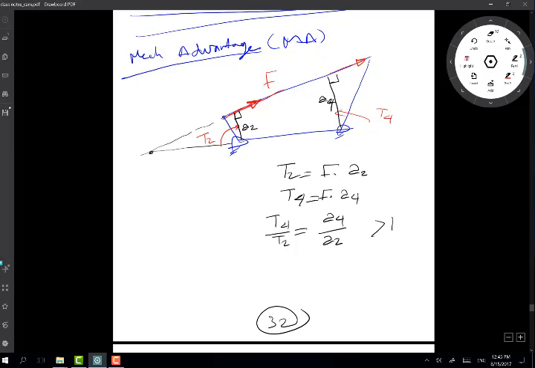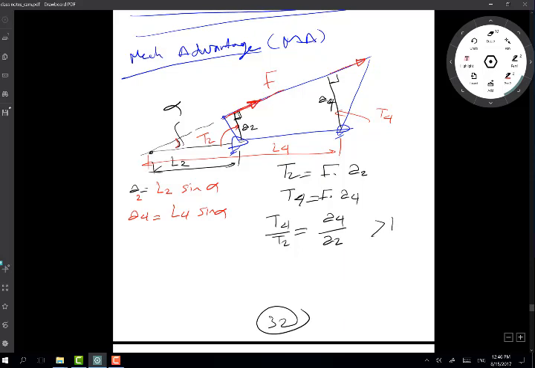If this angle here is angle alpha, or whatever you want to call it, then because that's 90 degrees, and this length is L2 and this length here is L4, you can say A2 is equal to L2 sine alpha, and A4 is equal to L4 sine alpha, the same angle alpha.